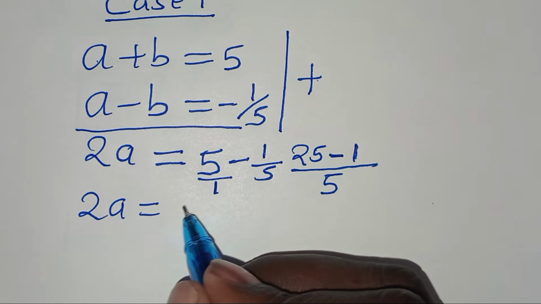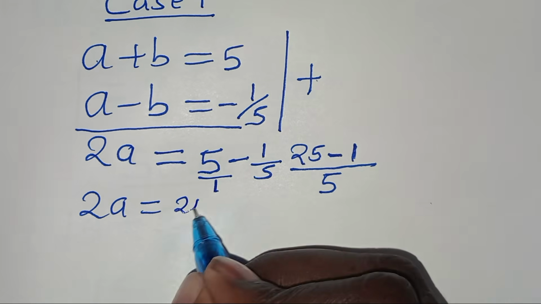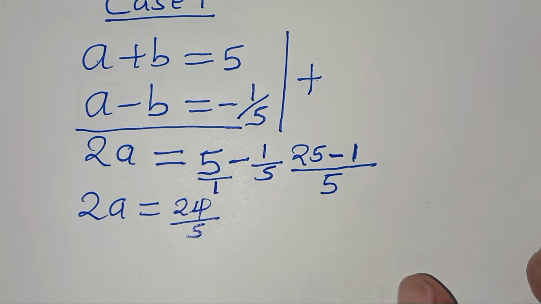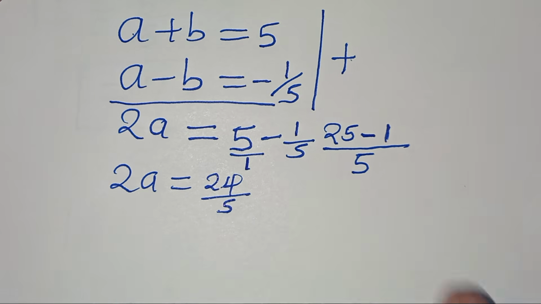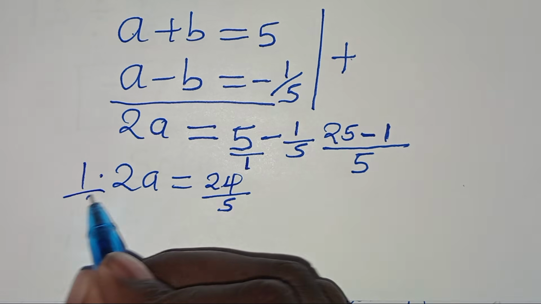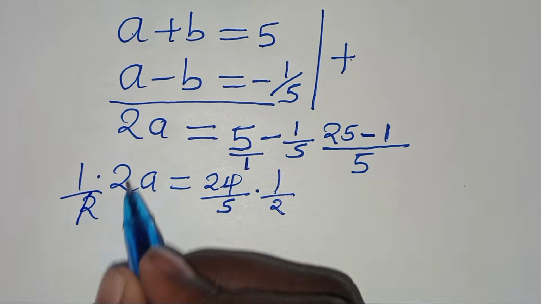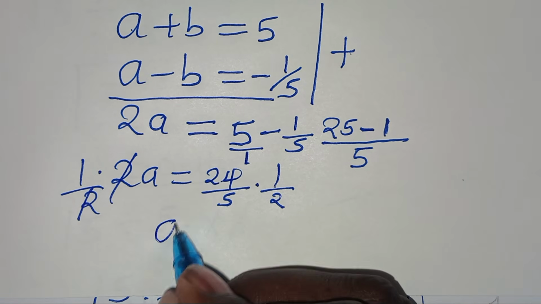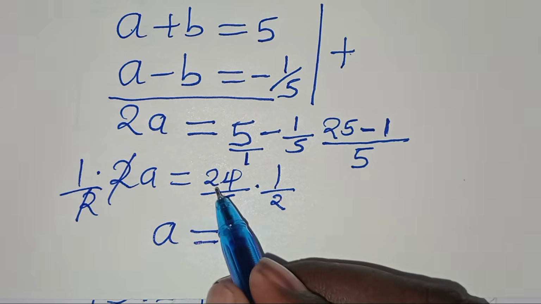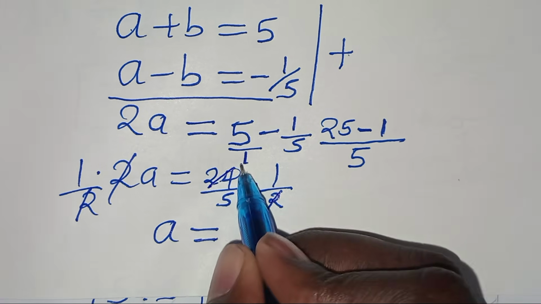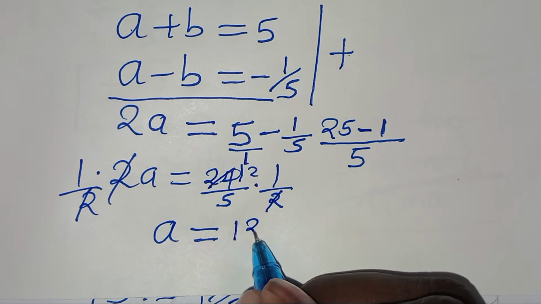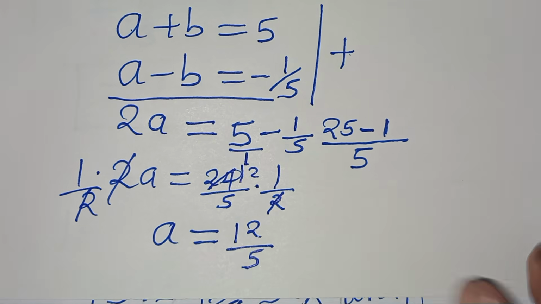So 2a is equal to 25 minus 1, which is 24 over 5. Now to solve for the value of a, we multiply both sides by 1 over 2. So we simplify here, and the value of a is equal to 24 divided by 2, which is 12. So we have a is equal to 12 over 5.